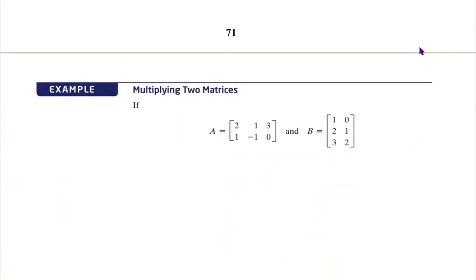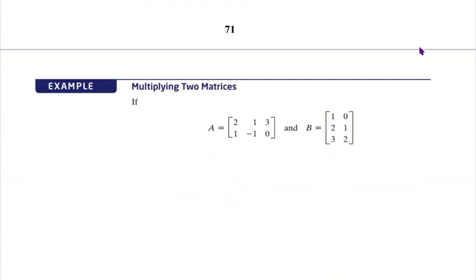We are trying to see if we can multiply A, find AB, and B, find BA. See if we can do that. If it's possible, if both of them are possible. So what is AB? Is AB possible?